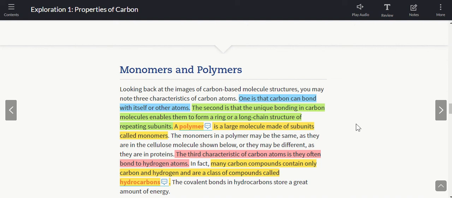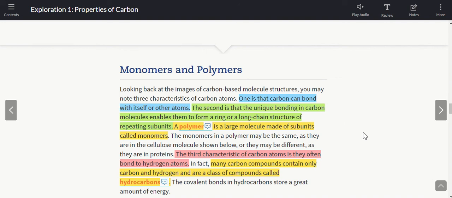All right. Now there's a couple of characteristics about carbon molecules that allow them to form these structures. First of all, carbon can bond with itself or with other atoms. Now that gives it a lot of flexibility with how it chooses to react with other elements. We talked about this earlier, but carbon also can form many different shapes. They can form rings, they can form chains, they can form lots of different types of shapes, which again gives it the flexibility to bond with a lot of different types of elements.